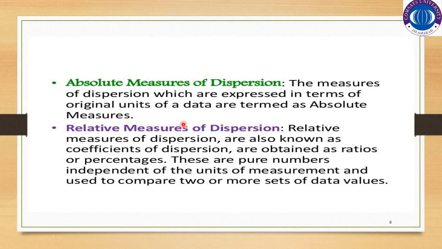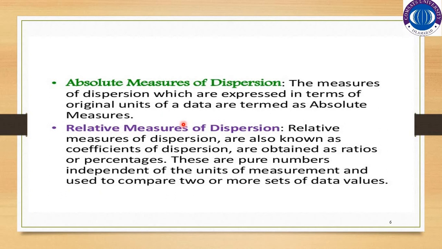Two different data sets could have different measuring units. For example, if you are taking the height of students, which could be in feet or inches, and in the other data set you are taking their marks, both of them are different and their measuring units are also different.